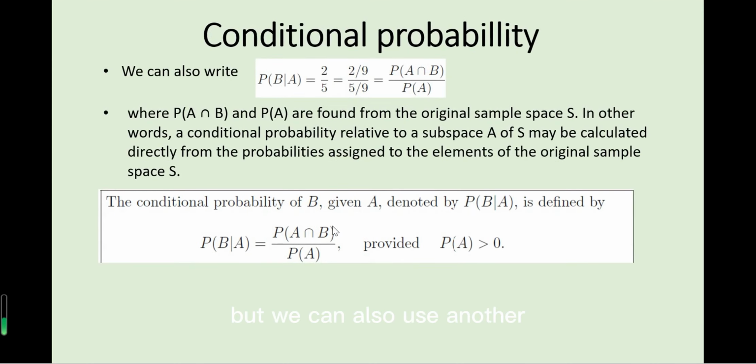But we can also use another idea, from the total sample space S. The probability of B given A can be written with P(A) in the denominator and the probability of both A and B occurring in the numerator. This is the more formal form of conditional probability.